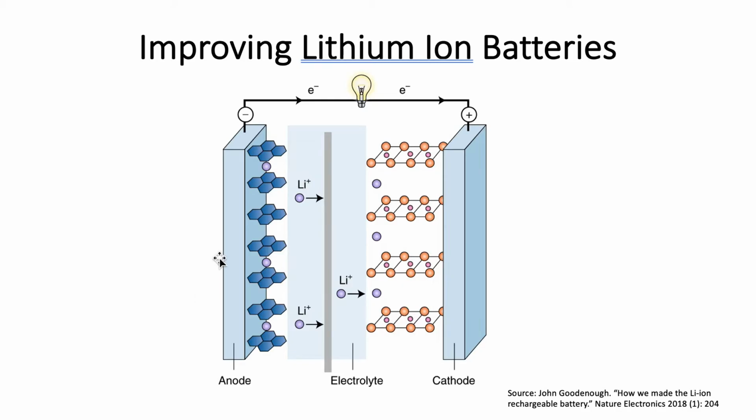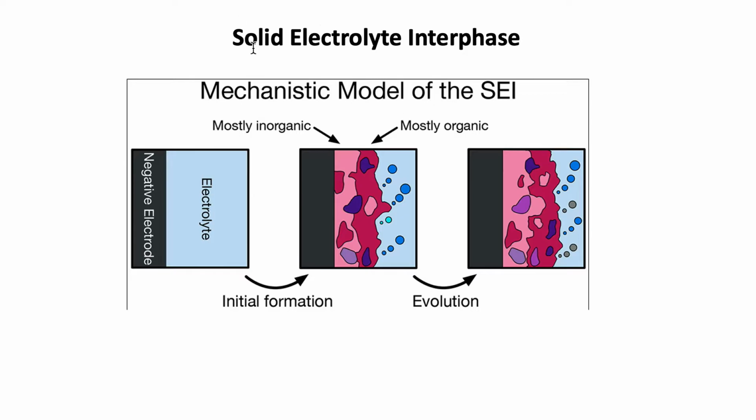and other properties. I would like to highlight that something very special happens in lithium-ion batteries at this interface here of the anode and the electrolyte. That is where something called the solid electrolyte interface forms. As the lithium ions flow back and forth, chemical reactions happen that cause a material deposit to form on the face of the anode.